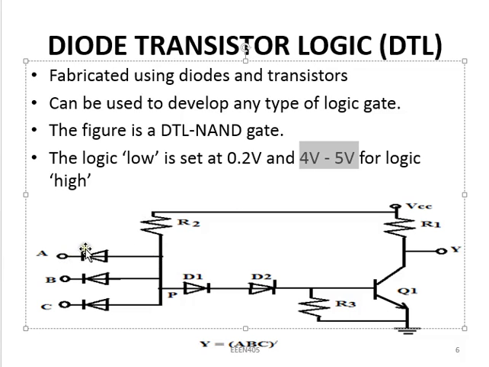And in that case, the only thing we can have at this point is the drop across the diode, which is 0.7, and the low voltage, which we said is 0.2. So the total voltage you can find at your point P is supposed to be 0.9 volts.